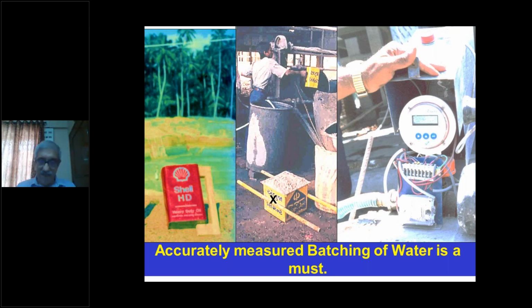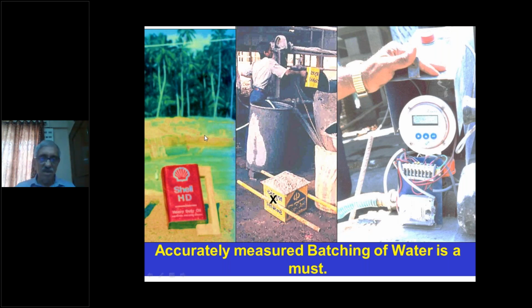Accurately measured batching of water is extremely important. Sometimes some people have innovated and brought a digital water addition equipment. A 5-liter tin is the simple way; you can convert an oil tin with a handle, etc., so that every time the mixer operator puts 5 liters.